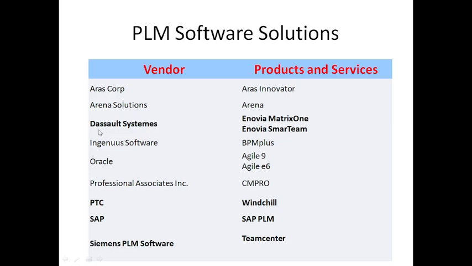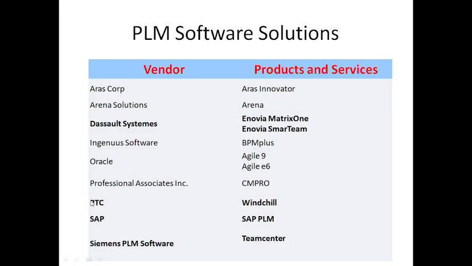I gave you the example of Aerofall. This is the same company which makes SolidWorks and CATIA, and they are providing ENOVIA MatrixOne and ENOVIA SmarTeam, which are typically systems for managing the product life cycle.